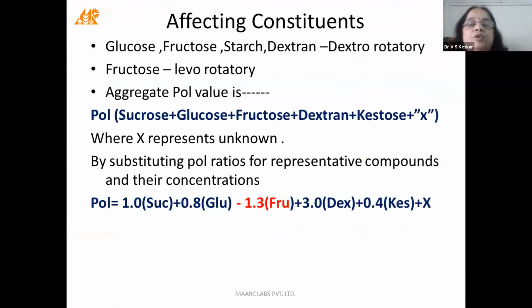What are the affecting constituents? Glucose, fructose, starch, dextran, they all are dextrorotatory. They rotate the plane of polarization to the right side.